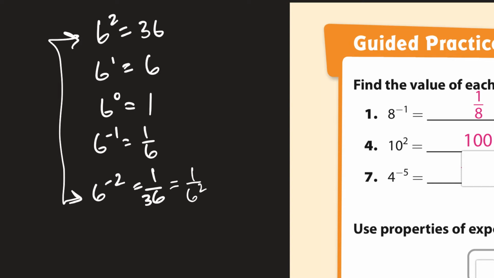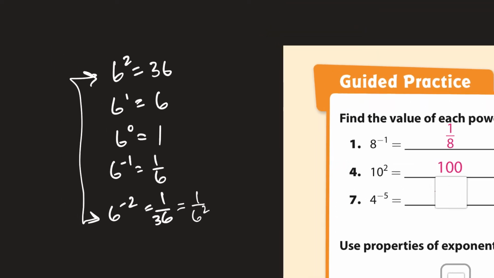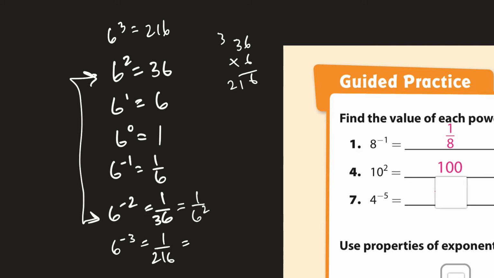Now, if I expand this, 6 to the third is a bigger number. 36 times 6 is 216. So 6 to the negative third power is going to be 1 over 216, which is 1 over 6 to the third. You see that relationship developing here. And I'm going to highlight it.